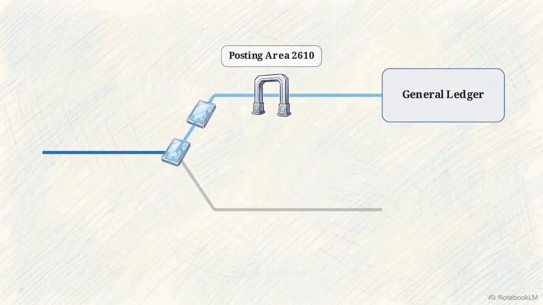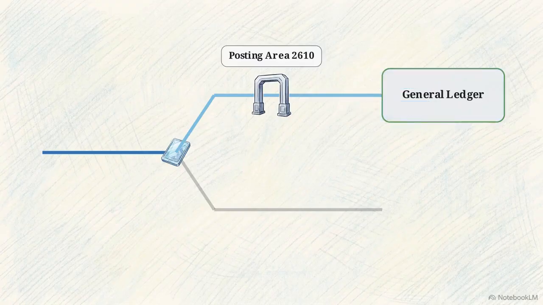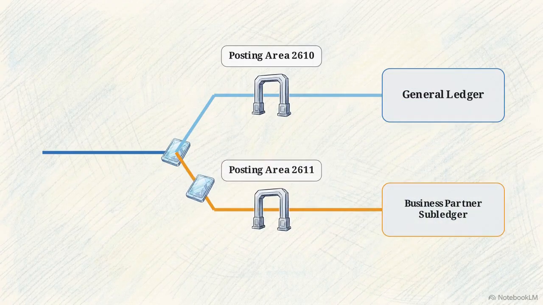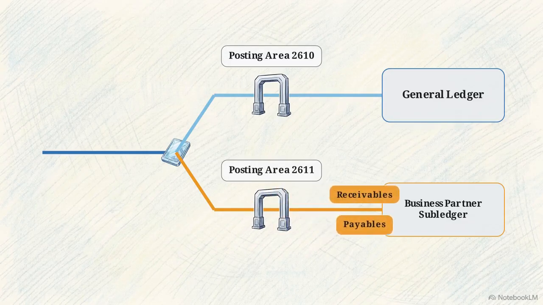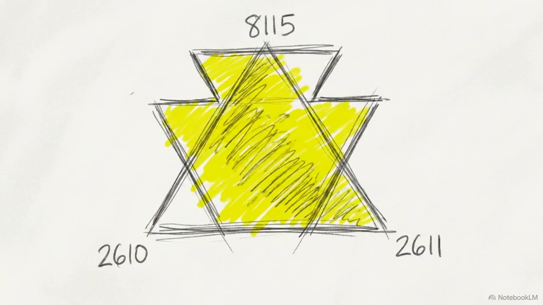Posting area 2610 dictates the account assignments for the general ledger items, mapping out revenue and controlling data. The second half of the translation is controlled by posting area 2611. This area handles the account determination for the business partner subledger items, mapping the receivables and payables. Aggregation is the translation step where raw volume becomes financial value, relying entirely on the configuration of posting areas 8115, 2610, and 2611.